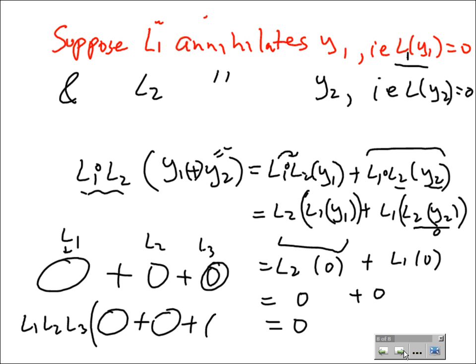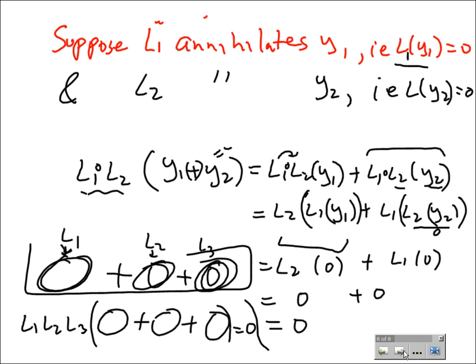Those are not zeros, they're functions. So you will get 0 back. I'm saying L1 annihilates this function, L2 annihilates that function, that's given, and L3 annihilates that. So the composition of all three will annihilate this whole thing. And that's important. Trust me on that.